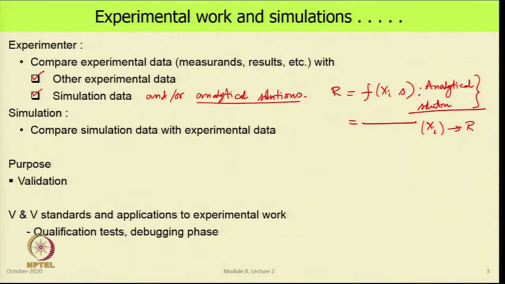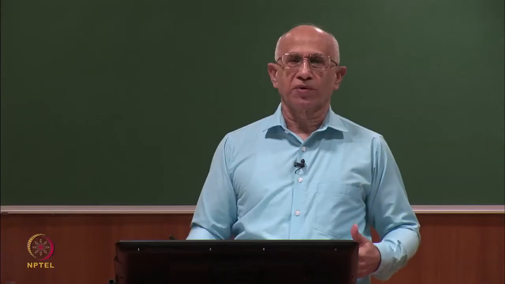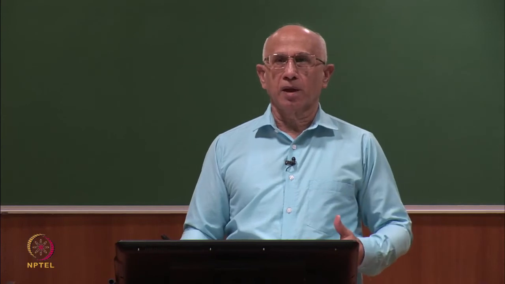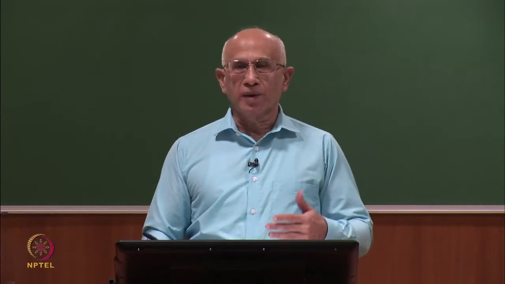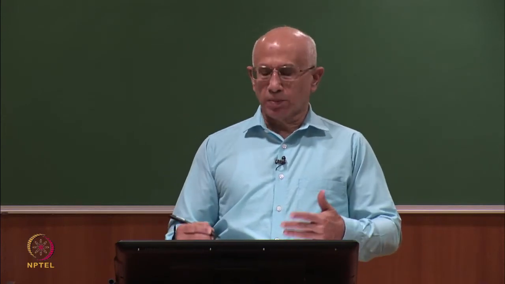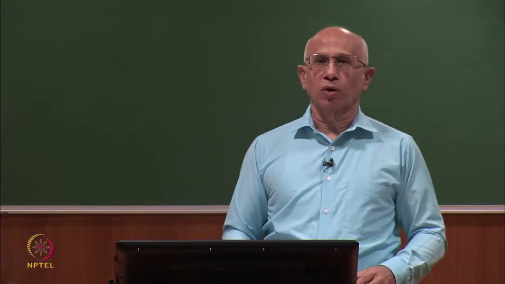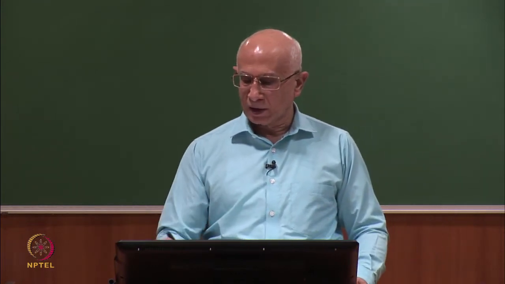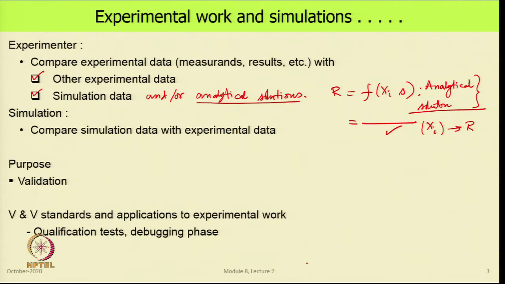There could be other cases where the analytical solution is much more sophisticated and our experiment is an approximation. So, our data then is to be benchmarked against the solution of this analytical formula. So, these are integral things one does as a part of the data analysis part of the experimental work.